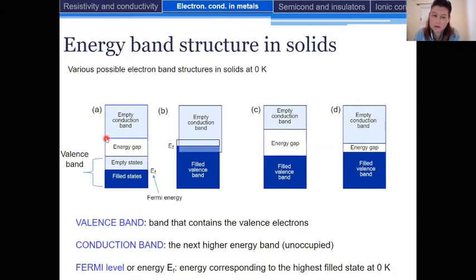And if there is an energy gap between the valence band and the conduction band, which means there are some states that cannot be occupied by electrons due to the energy band structures that we described previously, we will call this space the energy gap or the band gap.